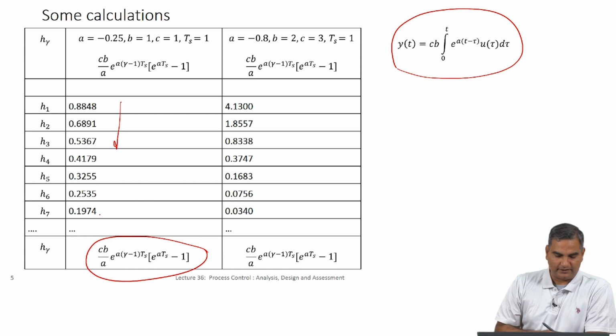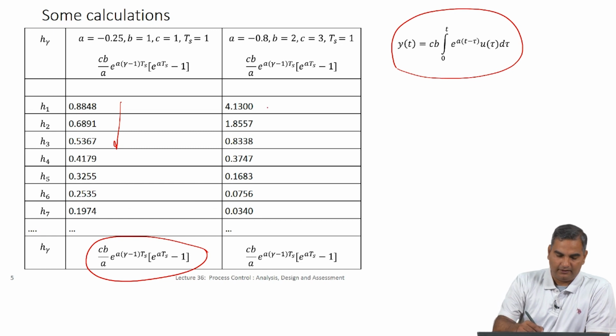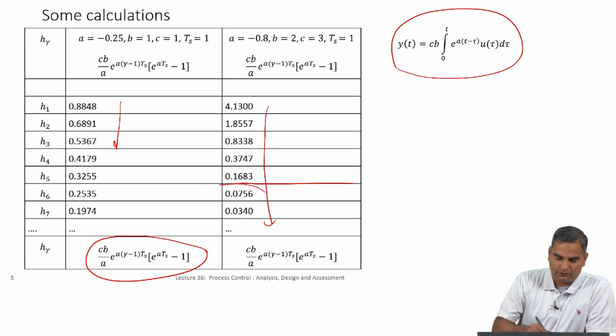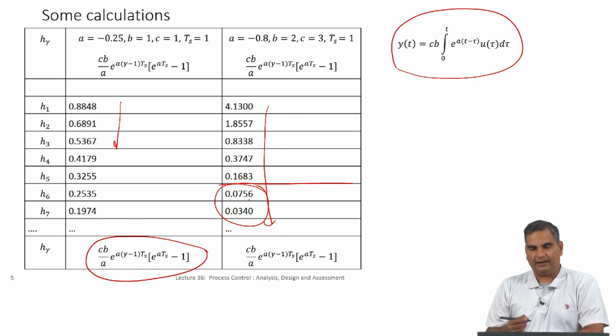At some point you can say that beyond this number is very small, I am not going to take the impact of this. So, for example, here the first number is 4.13, and if we keep going down I come to 0.03 and so on. So, you might say, okay, for my model predictive control implementation I am going to stop here, because I am going to assume these are very small numbers and these are things that I can ignore.